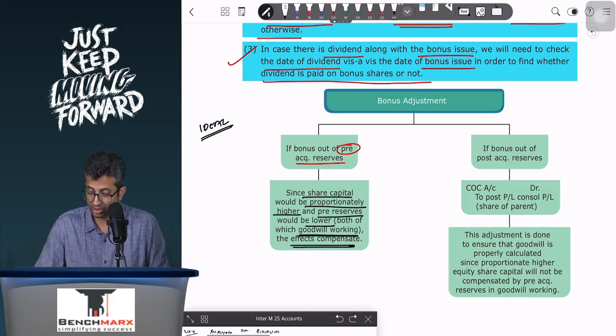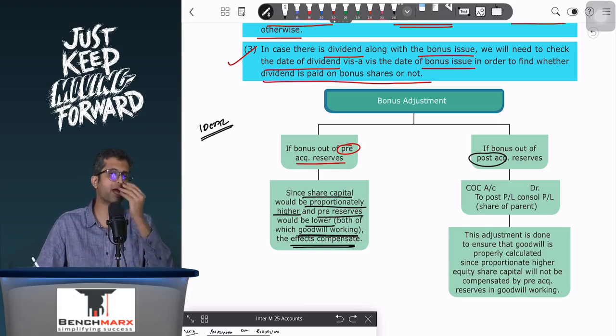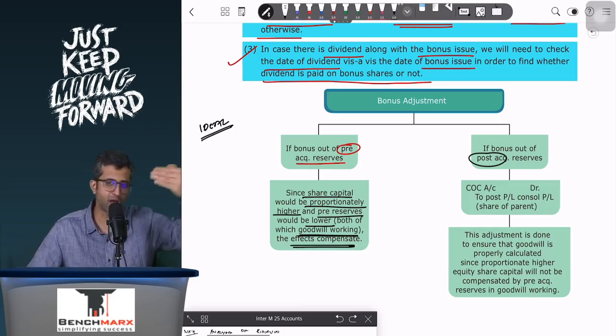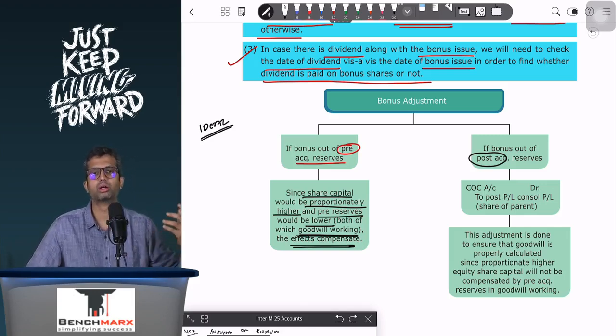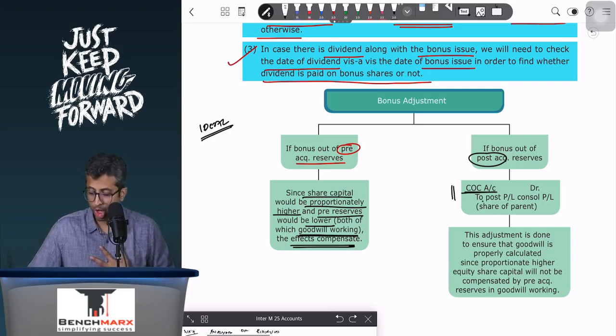But if the bonus is out of post-acquisition profits, then my share capital will be higher, which will not be negated by my pre-acquisition reserves being lower, and hence you will pass the entry, well, cost of control or my working note for goodwill workings to the post-acquisition P&L or the consolidated P&L with the share of the parent.